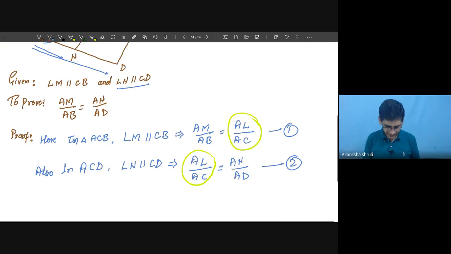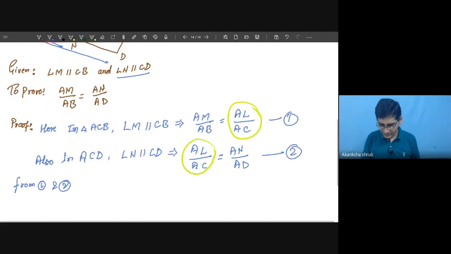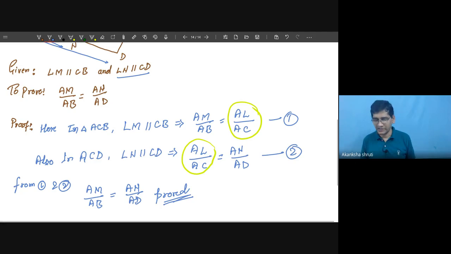So right from 1 and 2 directly we can write AM by AB is equal to AN by AD. It is proved. So very quickly you can write it.